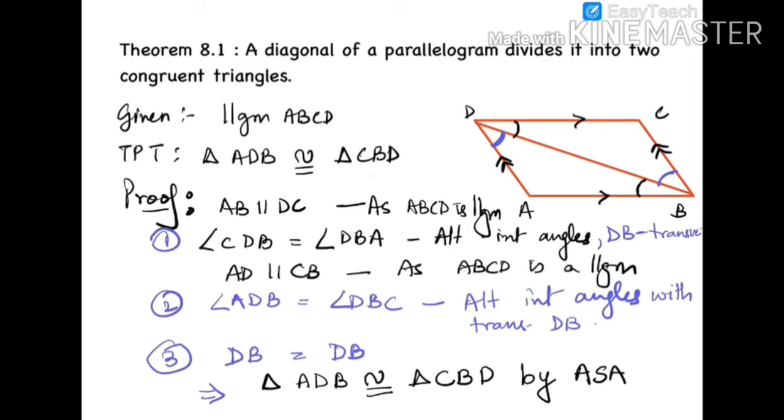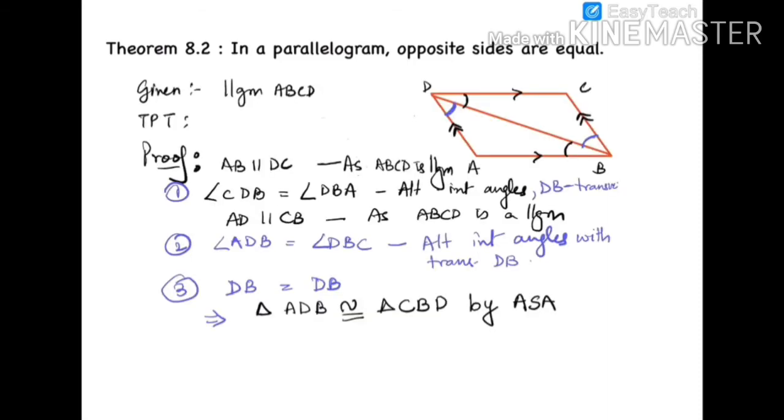So once we prove these two triangles congruent, we can say that parts of these congruent triangles are also equal, and hence we can show the opposite sides equal. So the proof for this theorem will be exactly same that we did earlier. However, we will have to change this part, what we have to show.